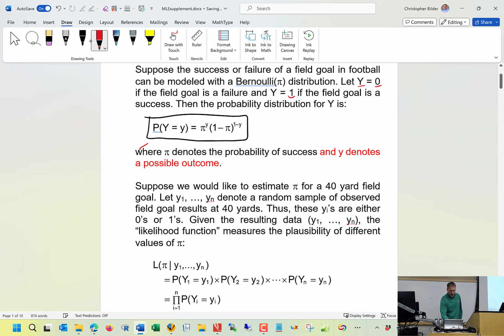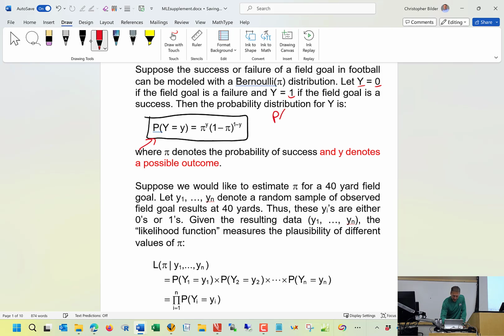So here's my probability distribution. The probability that my random variable Y is equal to either 0 or 1, which I denote as simply little y, or lowercase y, is equal to, let's say the probability of success for a field goal is pi, the Greek letter pi, and we have pi raised to the y power times 1 minus pi raised to the 1 minus y power.